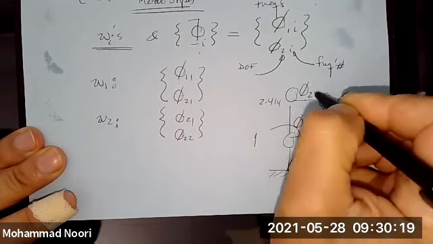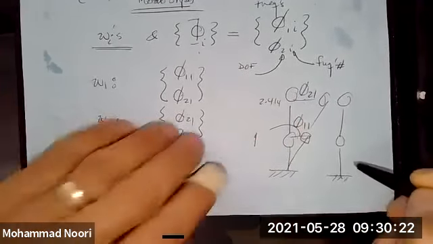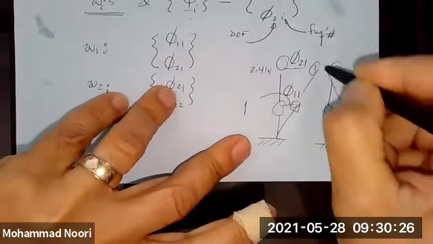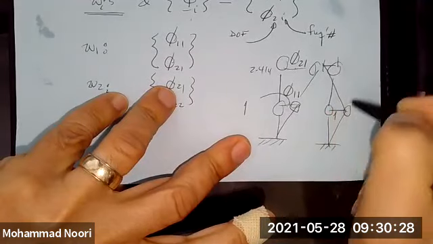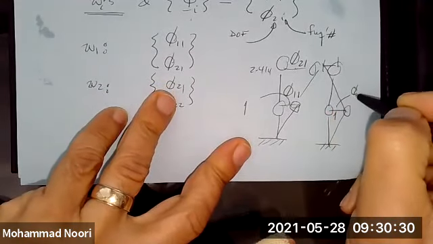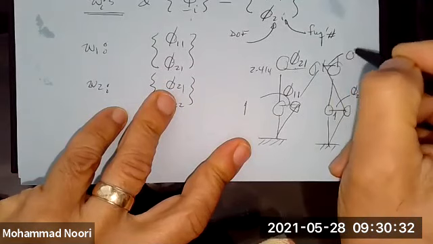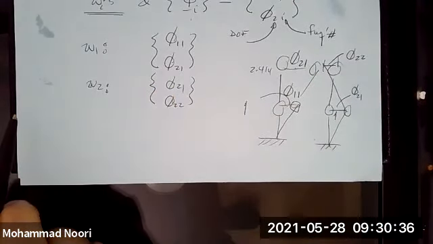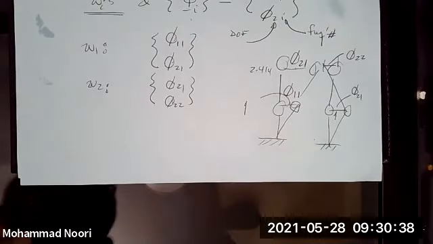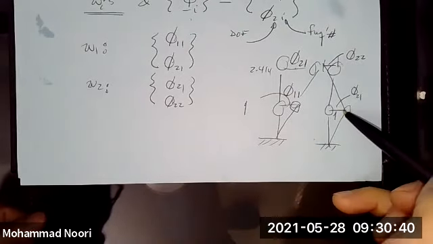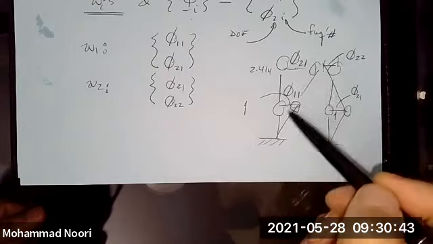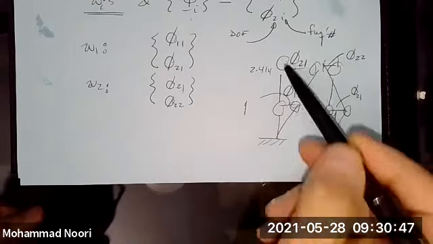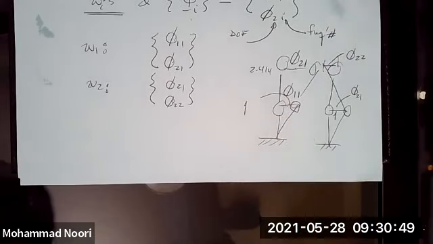This was phi21. For the second one, again, you assume this to be 1, and this was the mode shape 2. So this is phi12. This was phi22. So in a way, we're just using a different notation corresponding to the relative displacement of each degree of freedom, which we call those mode shapes.